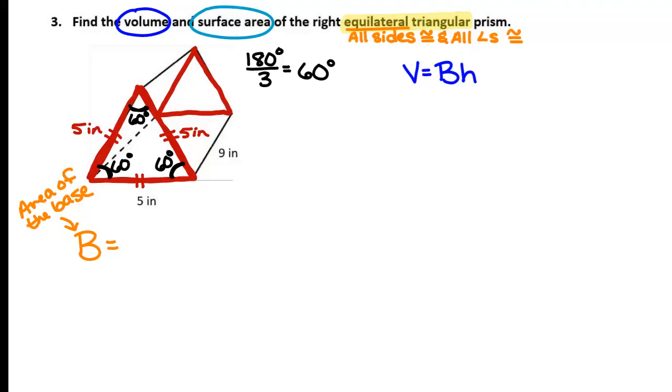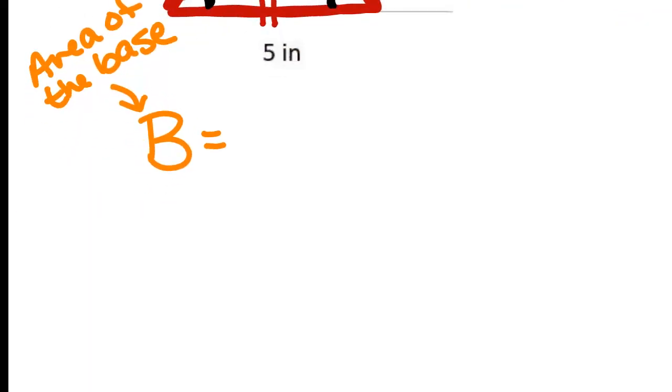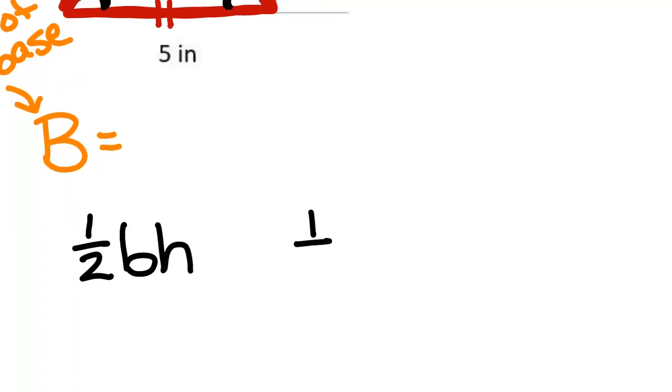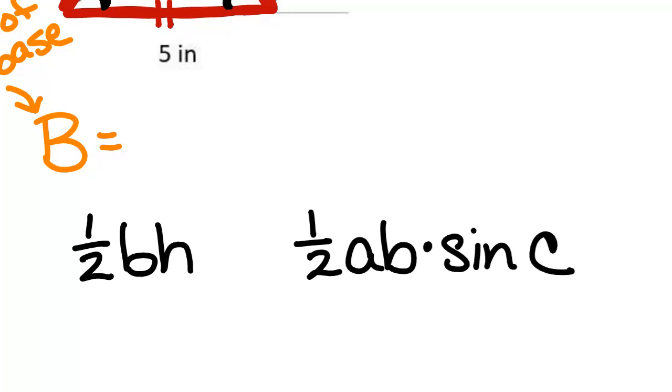Triangle. So it's not length times width anymore, because that's not how you find the area of a triangle. We had 2 formulas that we learned back in Module 11A for the area of a triangle. There's one that you guys knew from before, 1/2 base times height. And then there was a new one that we learned, the 1/2 AB times the sine of angle C. Let's figure out which one of those we're going to use here.